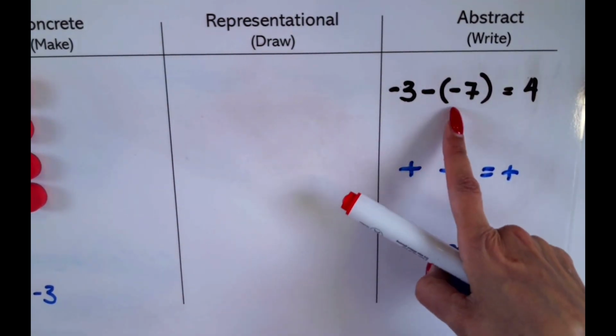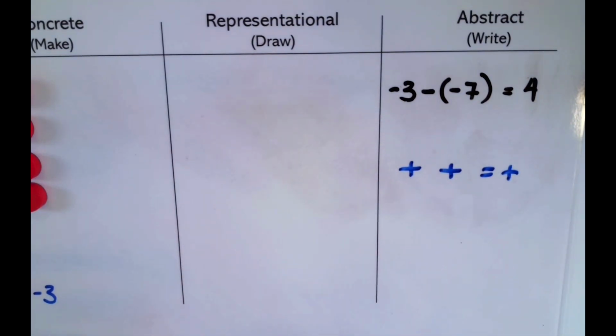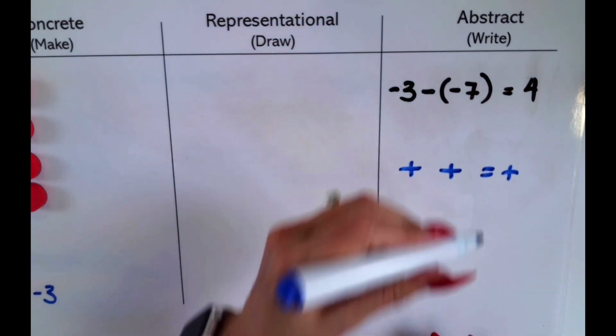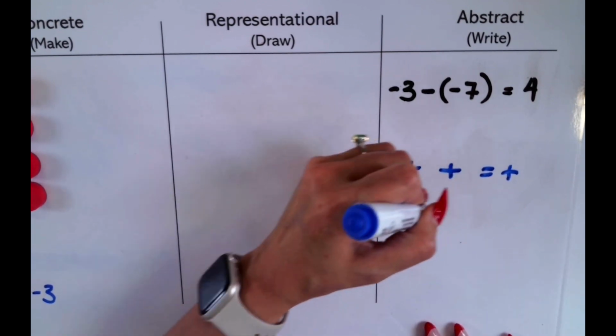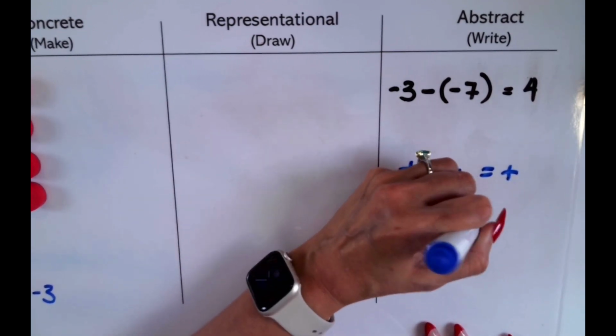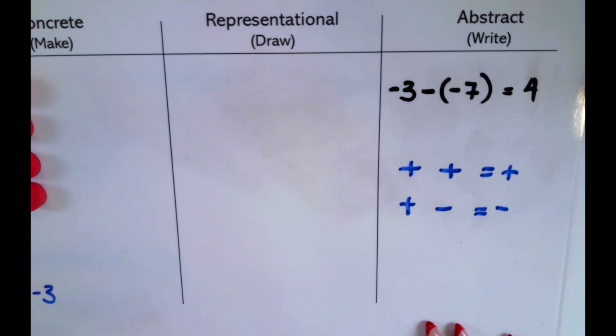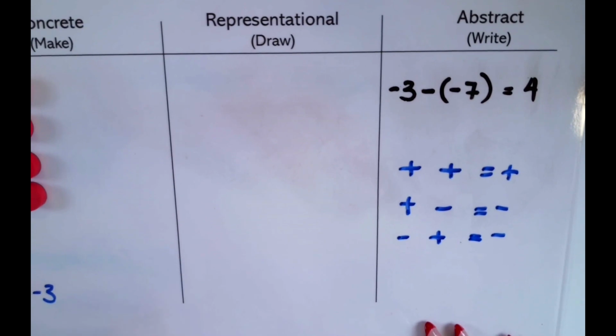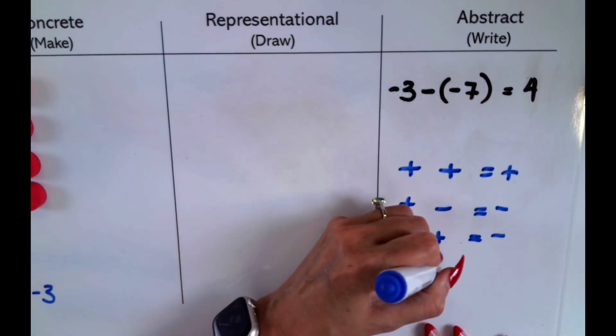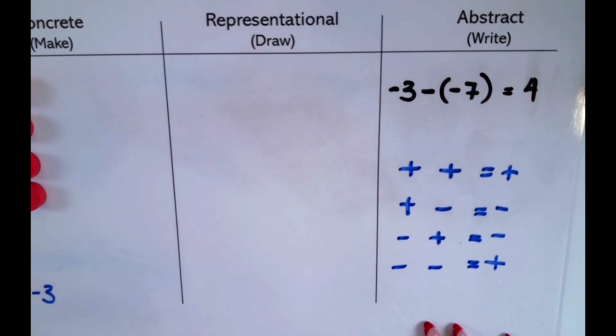When I have a positive next to a negative, I get negative. When I get a negative next to a positive, I'm going to get a negative. And when I have a negative next to a negative, I'm going to get a positive. Okay, so these are the rules.